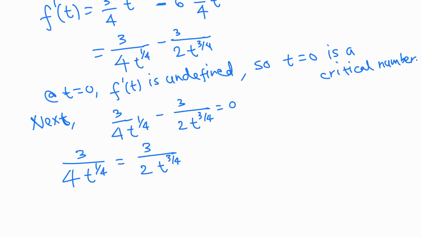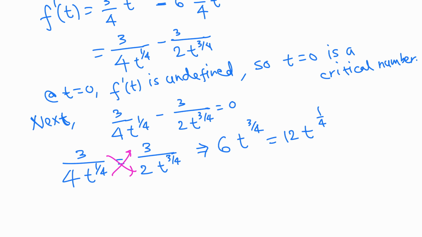Now we can cross multiply, because we have only one fraction on each side, so that we get rid of the fraction. So 3 times 2, 6 t raised to 1/4 equals 12 t raised to 3/4.